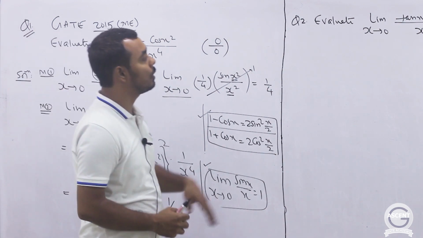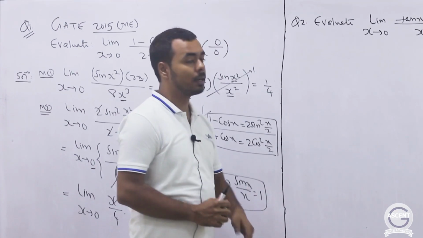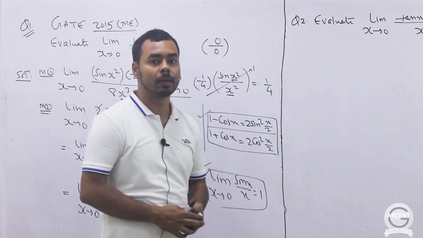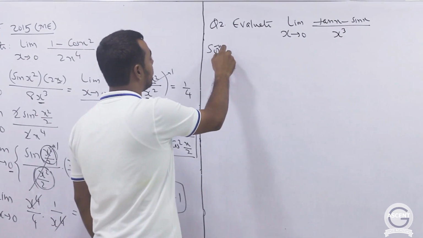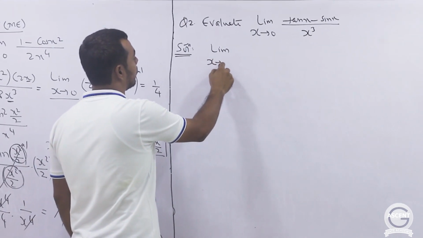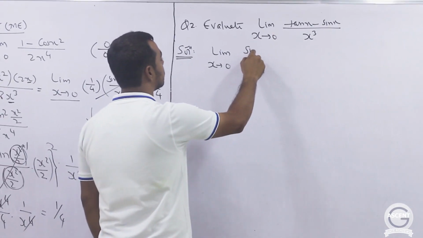Now our second problem is also a very interesting question. Limit x tending to 0, tan x minus sin x by x cube. If I want to find the value of this limit, tan you can write as sin by cos.